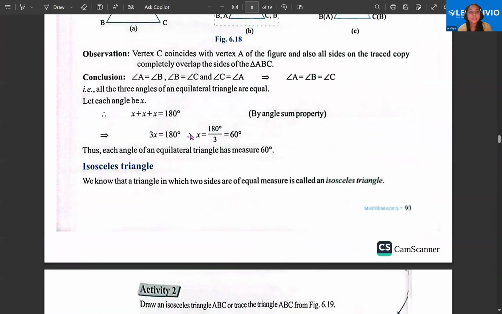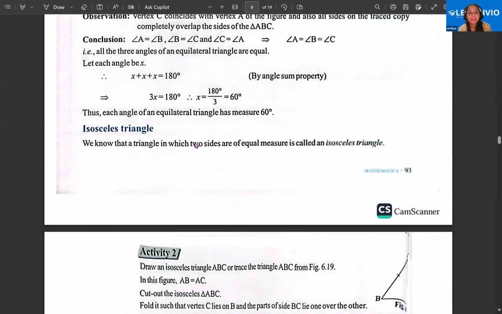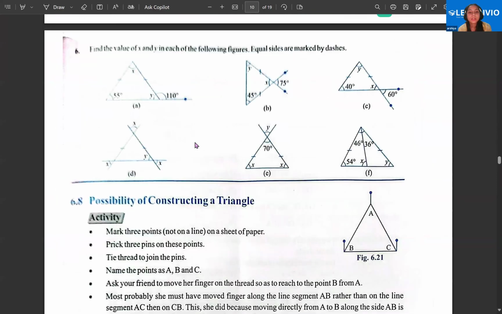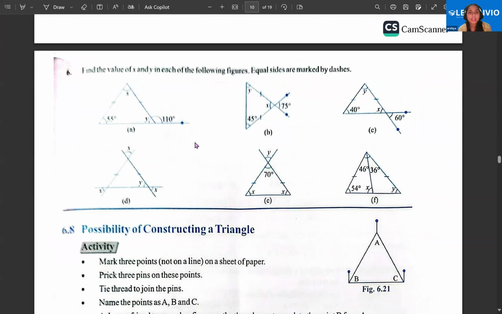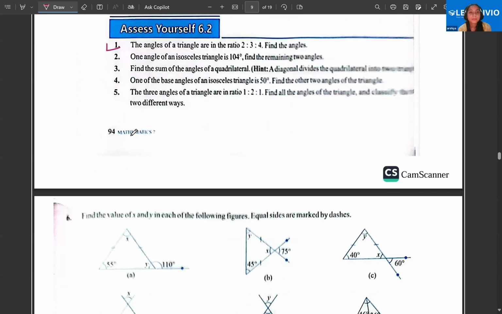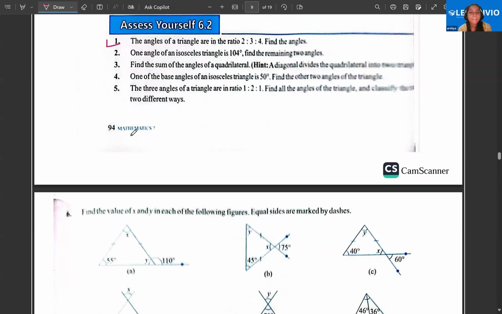This is the proof they have given. And these are the questions. Question number 6, this is also a good question. We will do this one. This one also is nice. We can do this one.